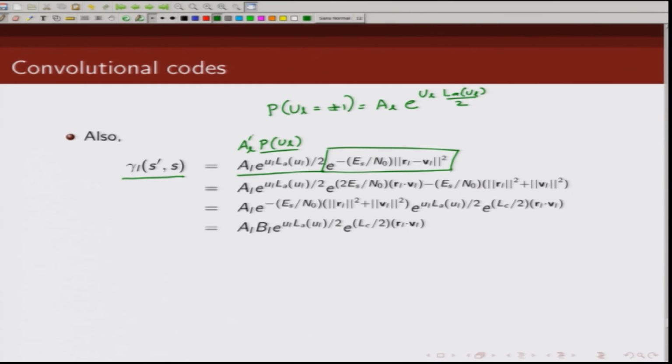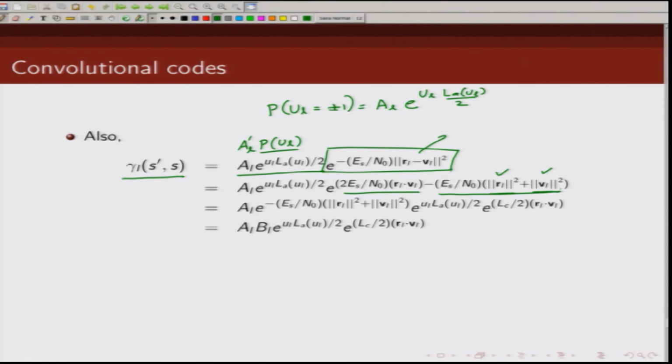So, this we can expand as r square plus VL square plus 2 times dot product of R and VL. Now, this does not depend on choice of VL, and if VL is mapped to plus 1 and minus 1, VL square will be 1. So, this also will be a constant term. So, this term would then not depend on choice of VL.